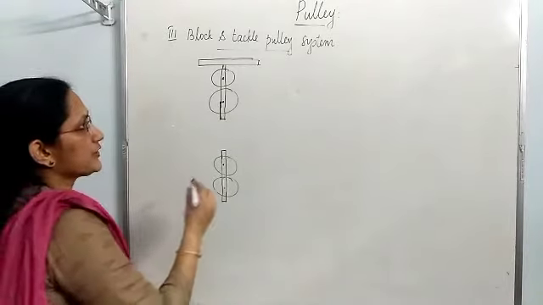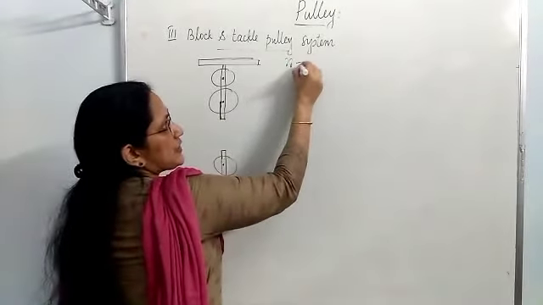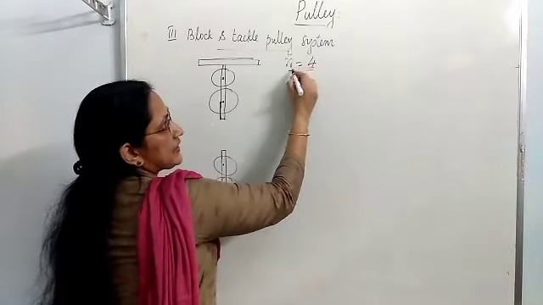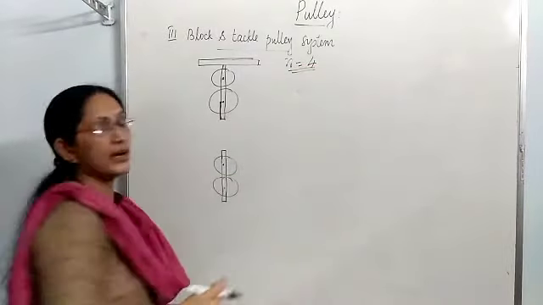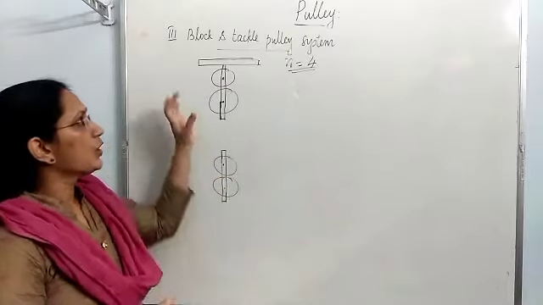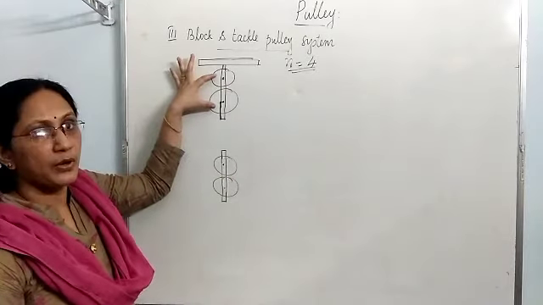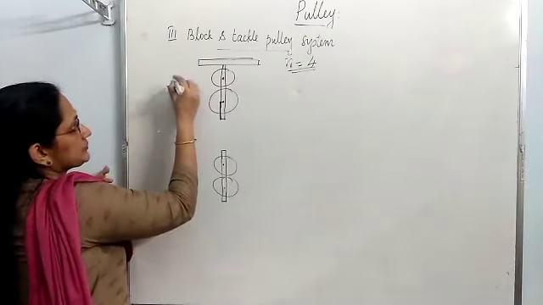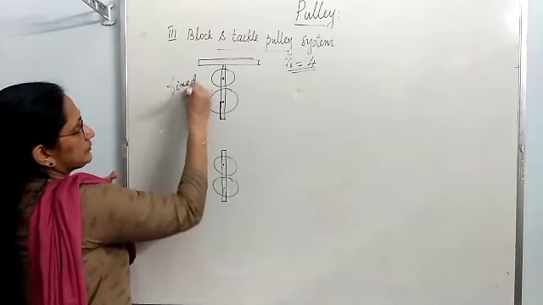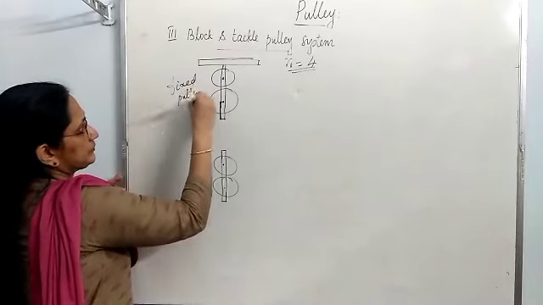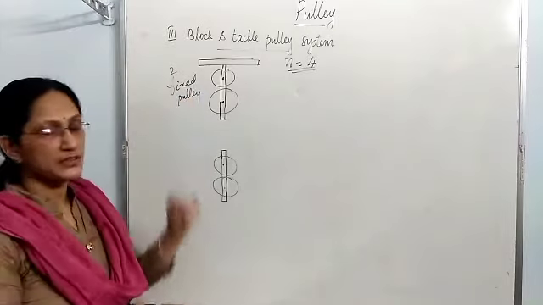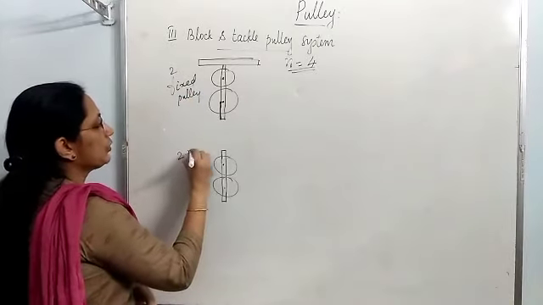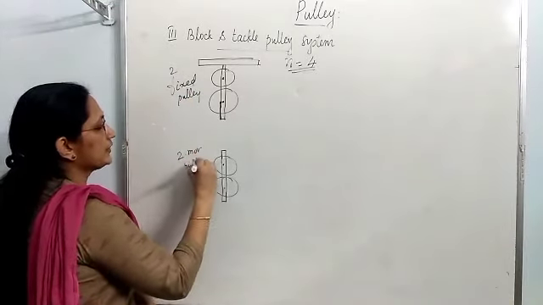Total 4 pulleys, N is equal to 4. The letter N here I have used for the total number of pulleys. Then all the pulleys in this upper block are fixed pulleys. Two fixed pulleys in the upper block and two movable pulleys in the lower block.